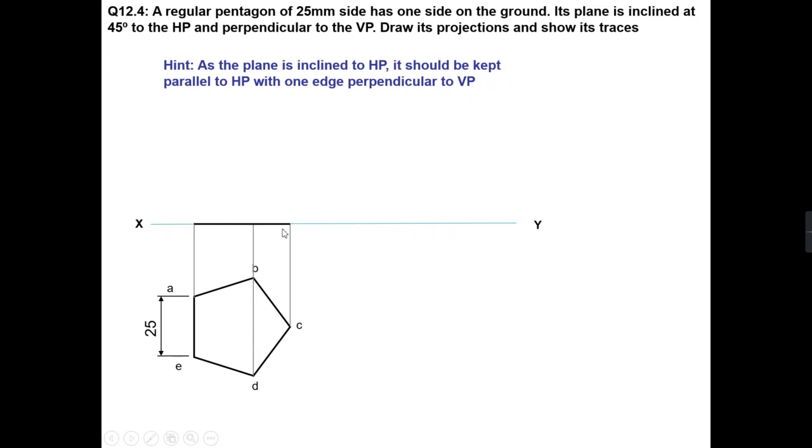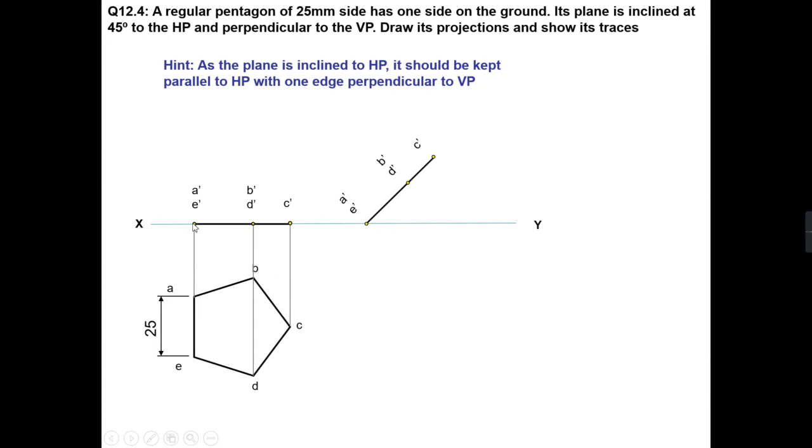After that, your plane is inclined at 45 degrees to the HP. Okay, so I will make this line at 45 degrees like this. So your plane is now inclined at 45 degrees, and it is also given that one side should be on the ground. So you should incline this plane with respect to A dash E dash, so that side AE is on the ground.